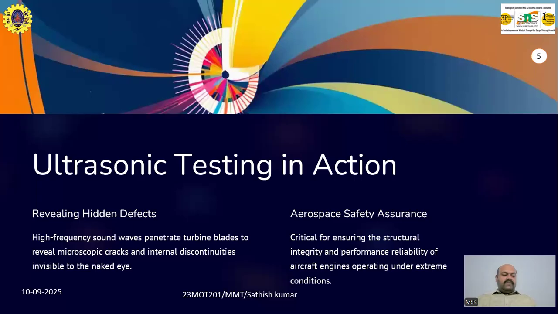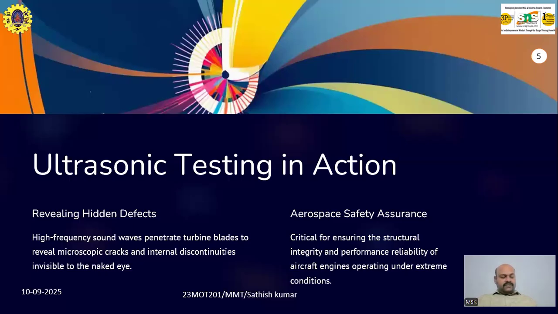Higher frequencies are used for applications requiring greater detail, or for testing very thin materials. Lower frequencies can be used for testing thicker materials, and when greater penetration is needed, as higher frequencies attenuate more quickly in dense materials.